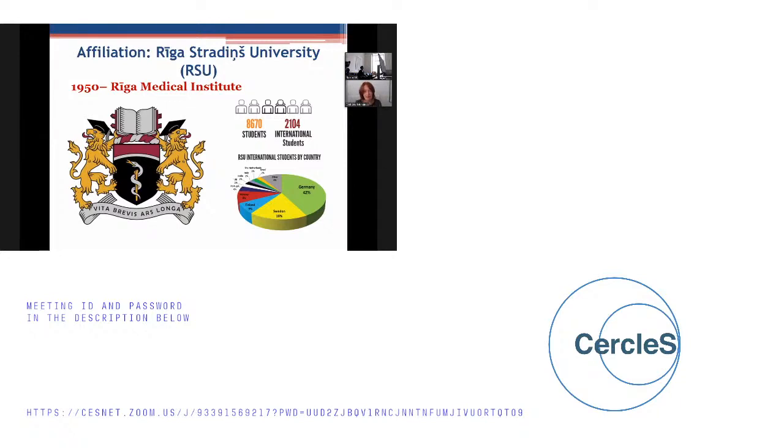So I work at the Riga Stradins University, and this university is named after a prominent medical doctor, Stradins, because it grew from a medical institute which was founded in 1950. So this year we are celebrating the 70th anniversary of our university.